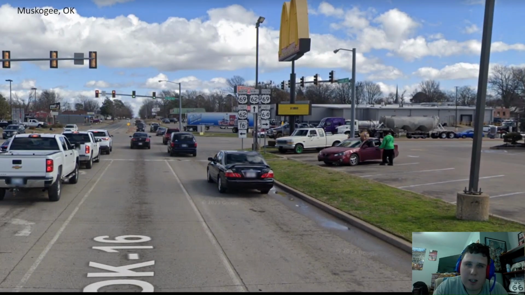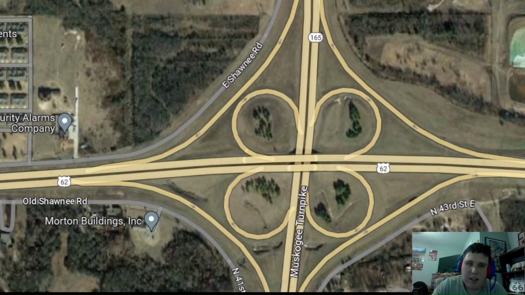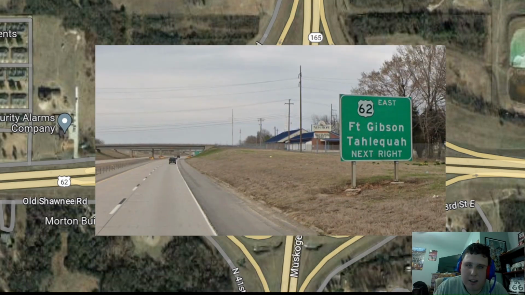Here in Muskogee, we're meeting US Highway 69, and 62 is concurrent with North 69, while 64 is going to be concurrent with South 69. And 62 splits off from US 69 to head east, and here we're meeting the Muskogee Turnpike. On the Muskogee Turnpike itself, US 62 is signed east for Fort Gibson and Tahlequah.